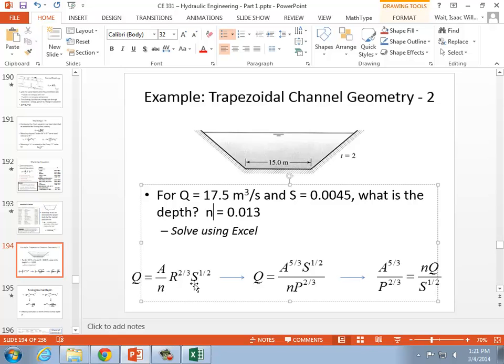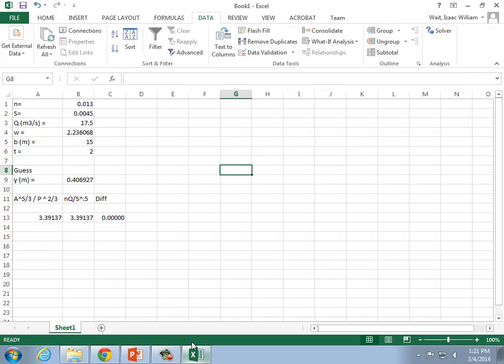Okay, 2YW, and that's to the 2/3 power. So what we're hoping is that that will be equal to the right-hand side, which was 3.39.